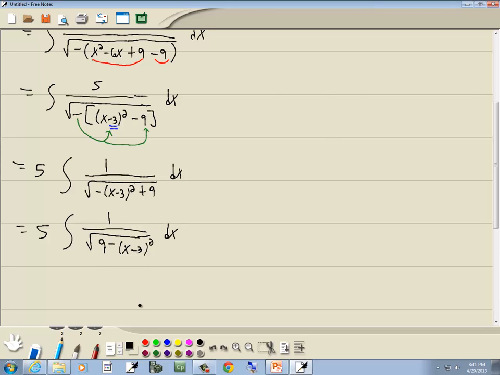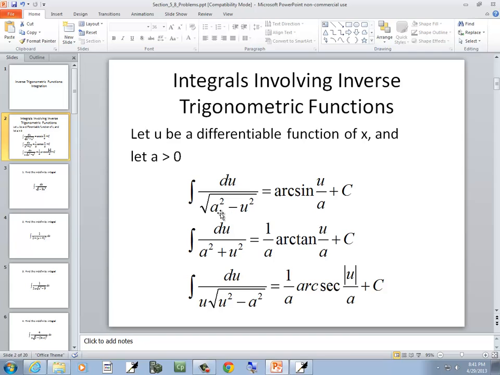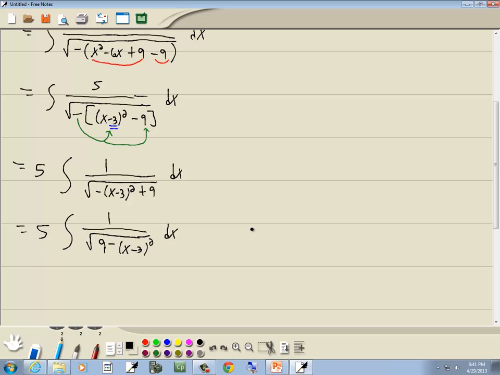And that's looking good, because we can rewrite that as a squared minus u squared. So let's rewrite that as something squared minus something else squared. The 9 I can rewrite as 3 squared minus x minus 3 squared dx.